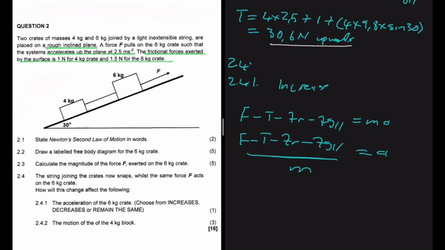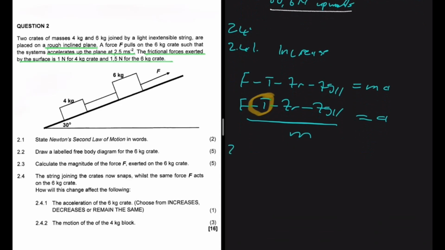So it should be easy to see now that if the string snaps, we won't have this minus tension anymore. So our numerator is going to increase, right? And if the numerator increases and the denominator stays the same, we're going to have a bigger number overall. The acceleration is going to increase.